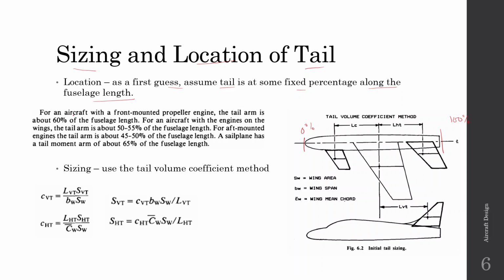Here you can see that for an aircraft with a front-mounted propeller engine, the tail arm is about 60% of the fuselage length. Tail arm means this distance, between the CG and the aerodynamic center of the tail.